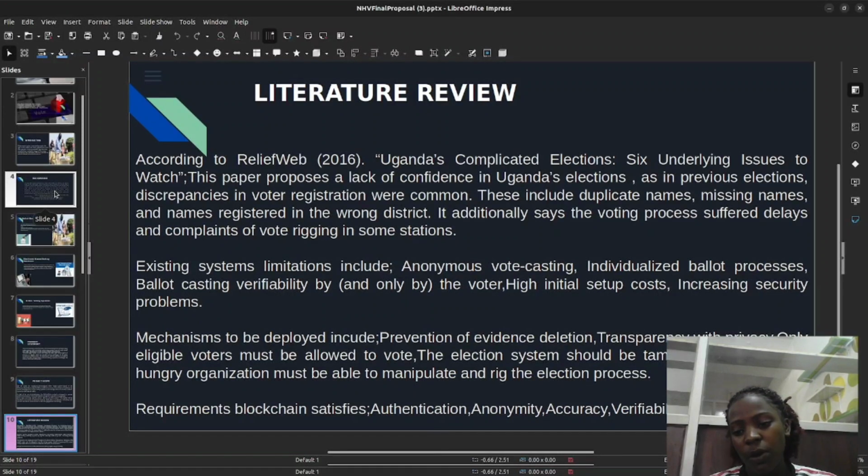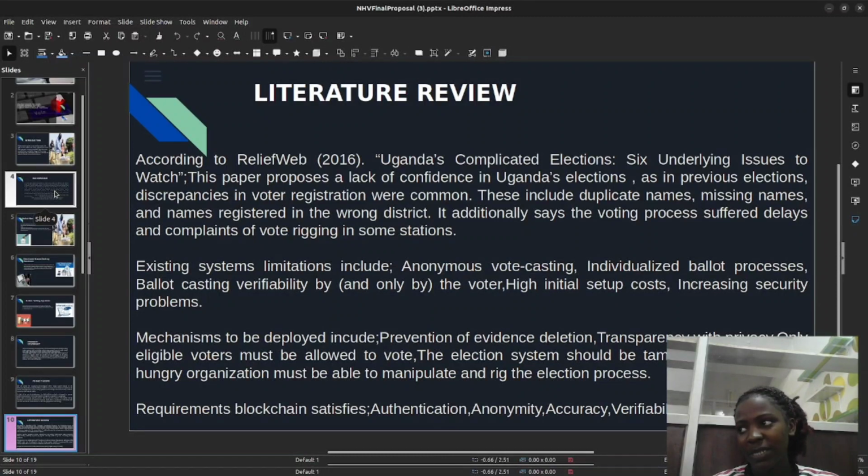We have transparency with privacy. Then only eligible voters must be allowed to vote, which is very important. Then the election system should be tamper-proof. No power-hungry organization must be able to manipulate and rig the election process. Then, given that we're using blockchain, we discovered that the requirements that blockchain satisfies include authentication, anonymity, accuracy, and verifiability.